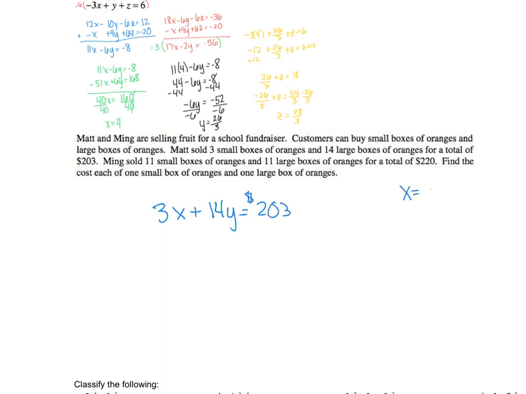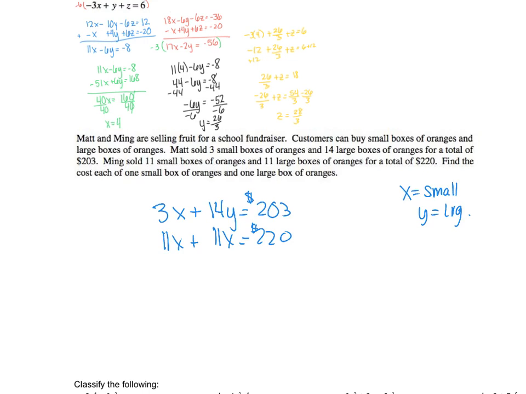So x is small, y is large. Ming sold 11 small and 11 large for a total of $220. Find the cost of one small box and one large box.